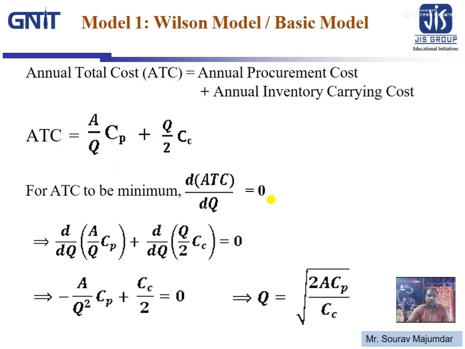Now you have to calculate the minimum value of this ATC, the annual total cost. What is the minimum value? To calculate it, what I see here is that CP is constant, CC is constant, and annual demand A is also constant.